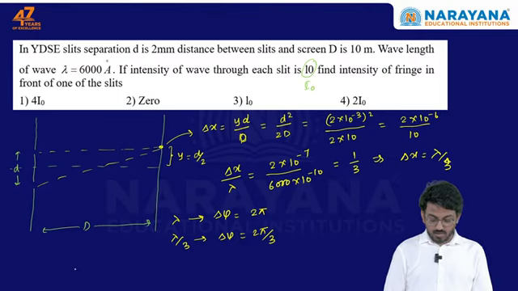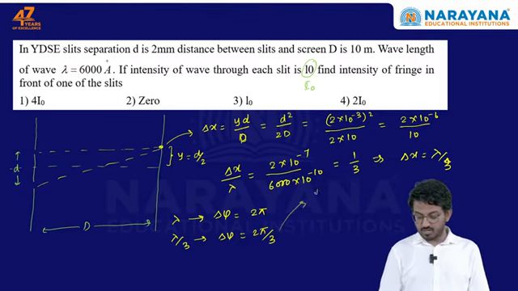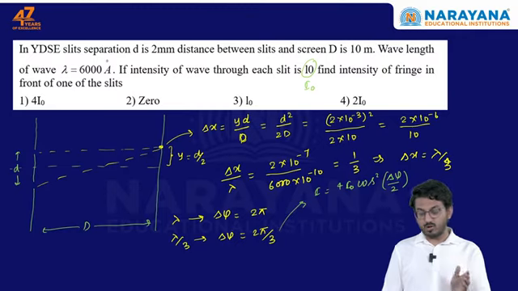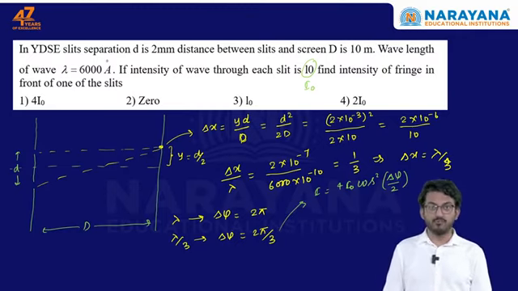Now, intensity, we have this relation I is equal to 4 I naught cos square delta phi by 2. Again, this is also a standard result. If two slits have equal intensity, I naught and I naught, then on the screen we have 4 I naught cos square delta phi by 2, with maximum intensity being 4 I naught and minimum being 0.